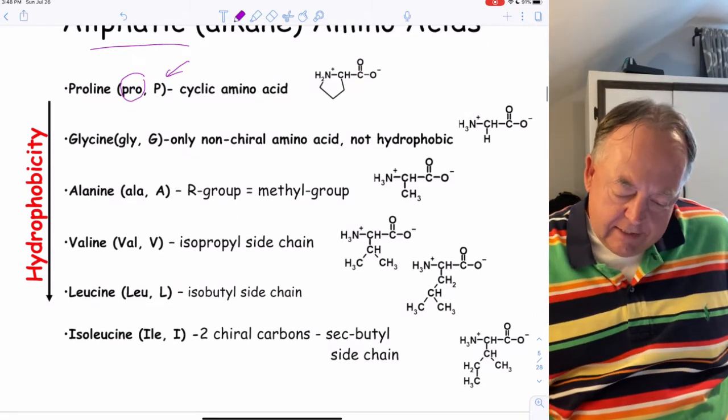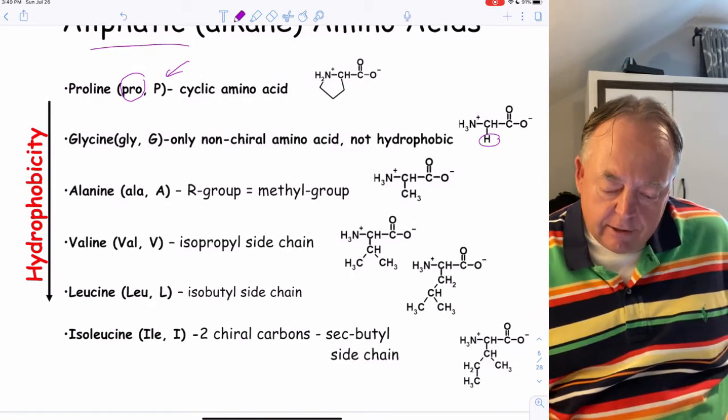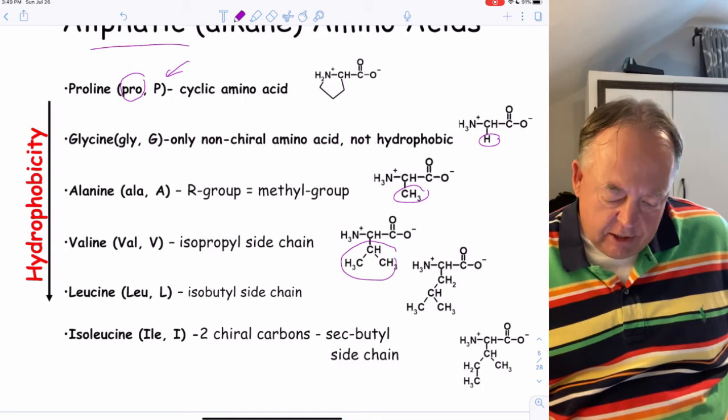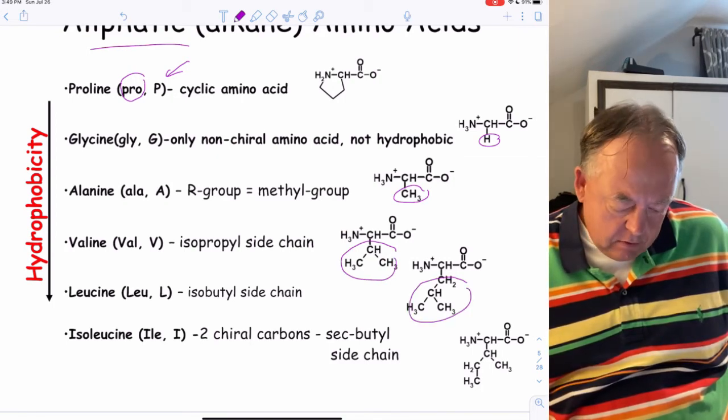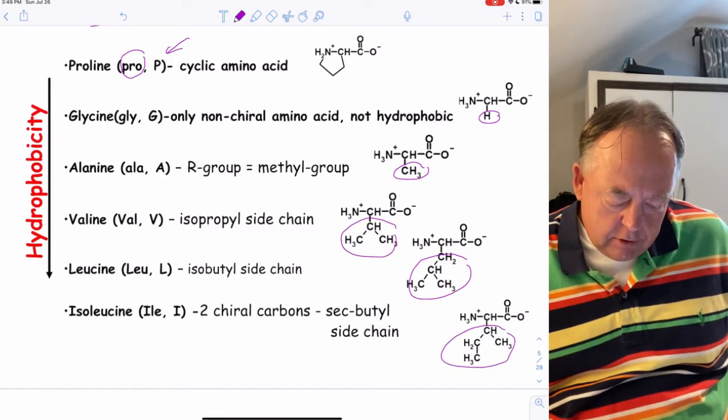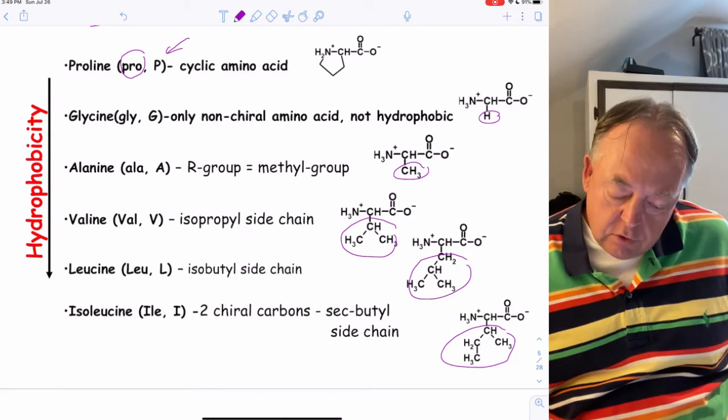So proline, glycine, where the side chain is just a hydrogen, alanine, where the side chain is a methyl group, valine, with an isopropyl group, leucine, with an isobutyl group, and isoleucine, with a sec-butyl group.